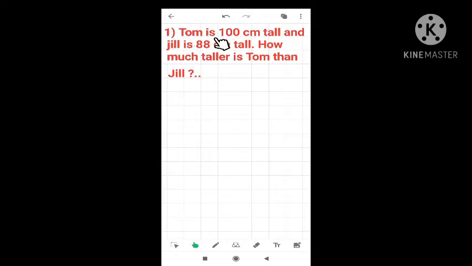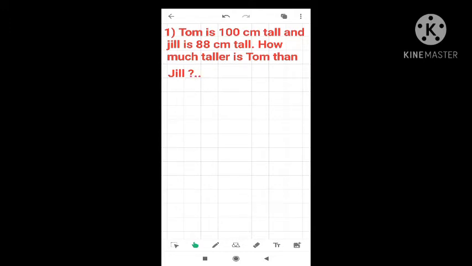Tom is 100 centimeter tall and Jill is 88 centimeter tall. How much taller is Tom than Jill?